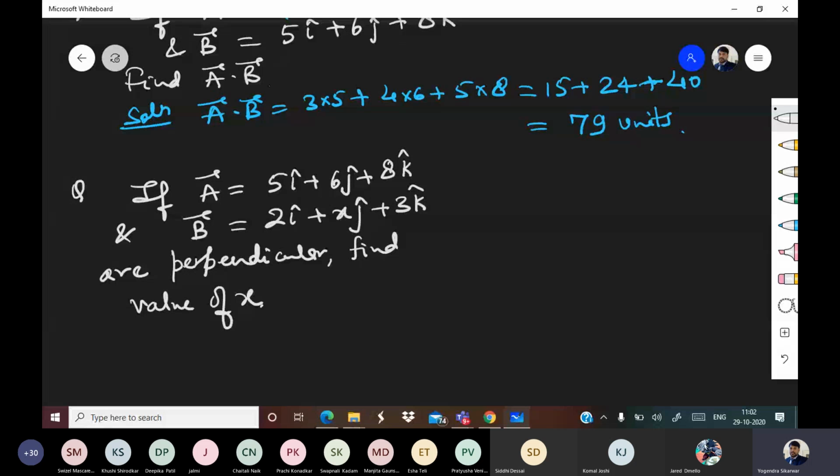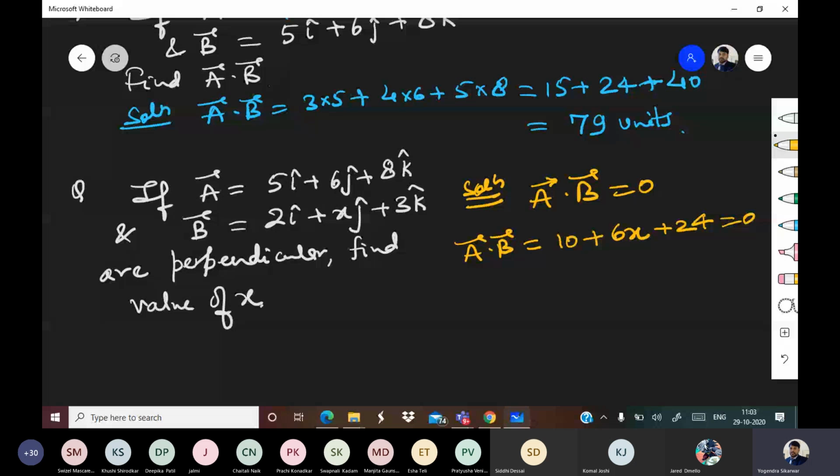Okay, everyone, please pay attention. Now, in the question, it is mentioned that these are perpendicular. So, if these are perpendicular, the dot product will be 0. So a dot b should be equal to 0. Now, how much is the value of a dot b? a dot b is 5 into 2, 10, plus 6x plus 24, and that should be equal to 0.